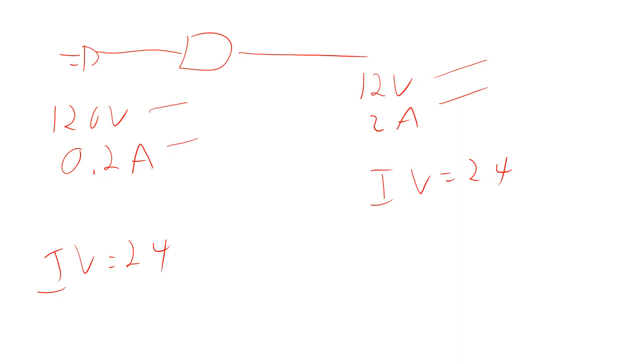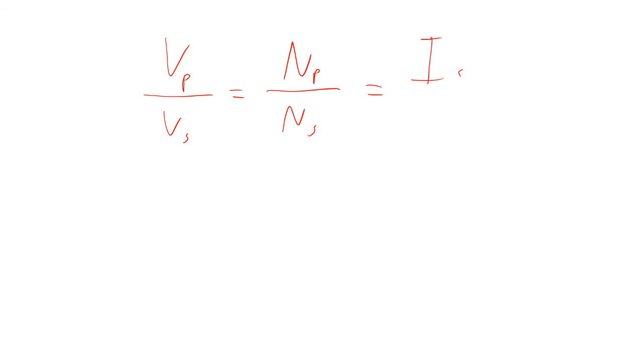And again, the voltage is directly dependent on the flux in there. So we know that the voltage in the primary over the voltage in the secondary is the number of turns in the primary over the number of turns in the secondary, which is also related to the current in the secondary divided by the current in the primary.